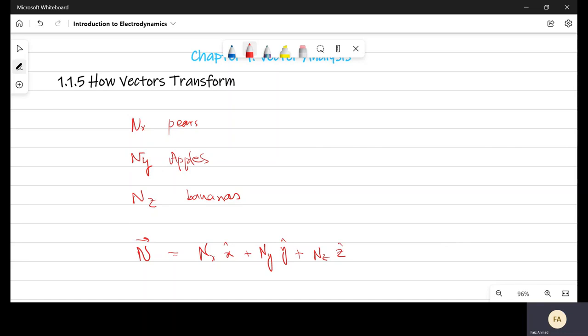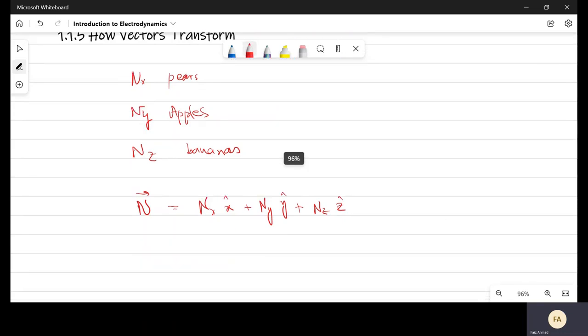So it has three components, and all three components have different quantities, and we put them into a vector component form.